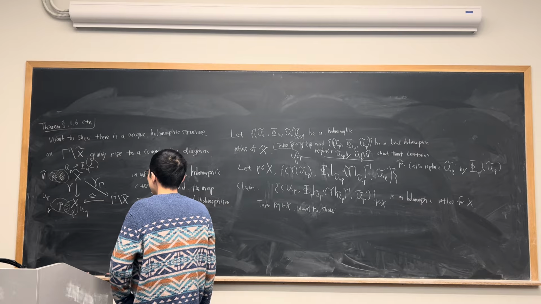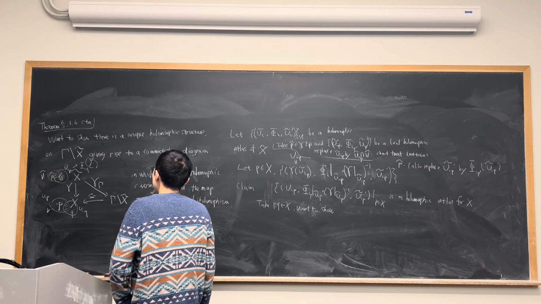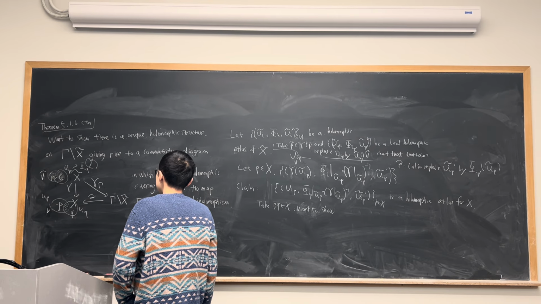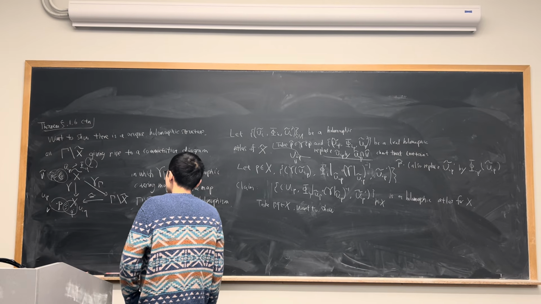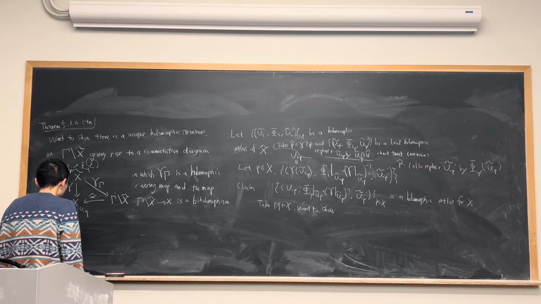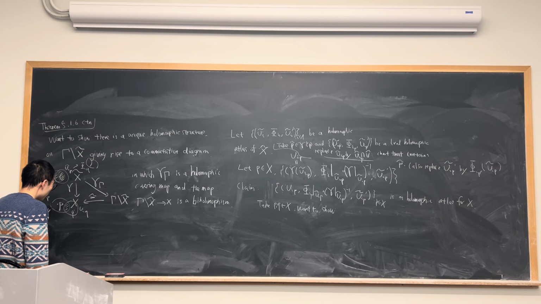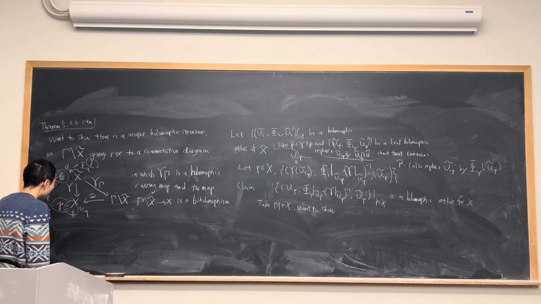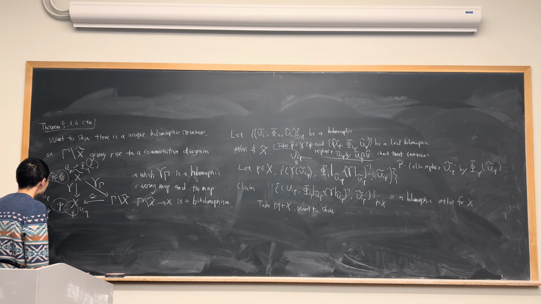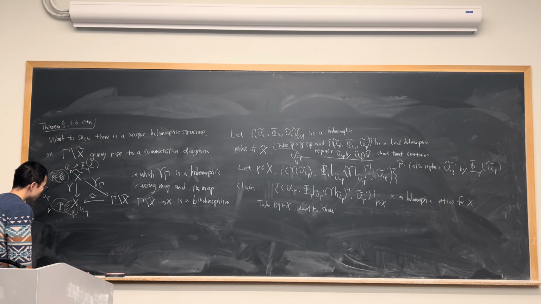I want to show that it's a holomorphic mapping between these. Okay, so why is gamma a holomorphic map? Because if you take any chart, so we want to show what?